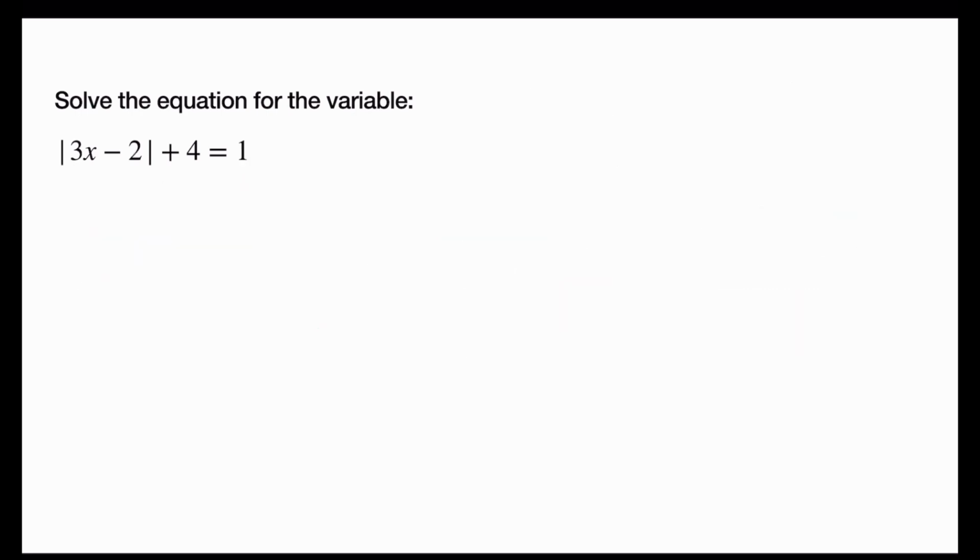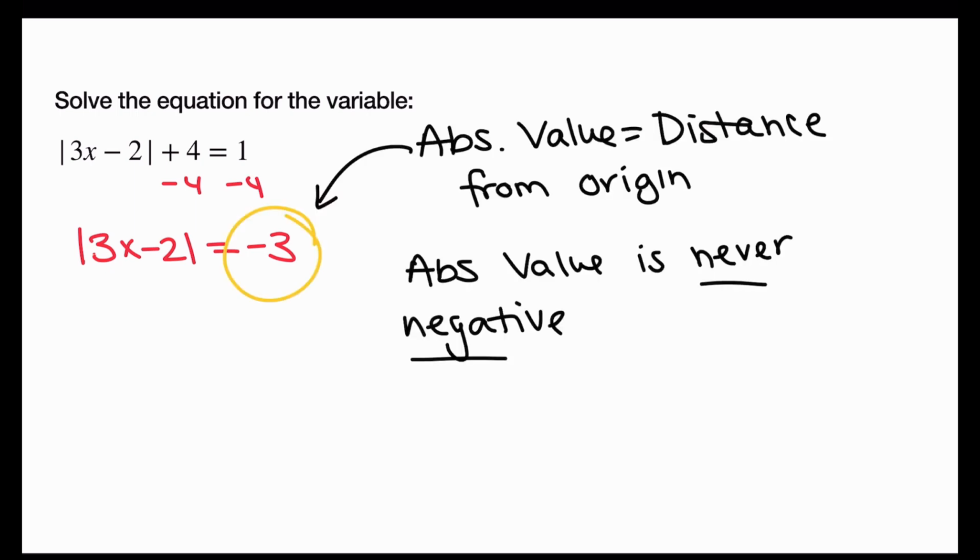Let's try another one that looks similar. The first step is isolate the absolute value, so that means I have to subtract 4 from both sides. My equation is now absolute value of 3x minus 2 equals negative 3. Now, again, absolute value means distance, technically a distance from the origin. Distances are always positive.